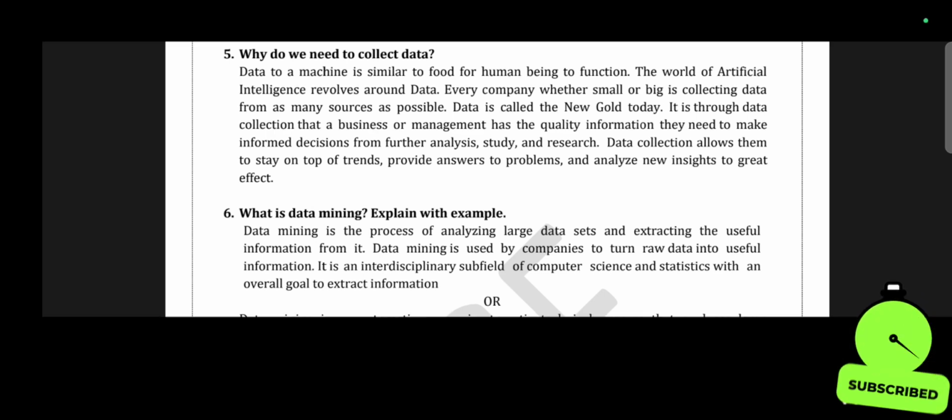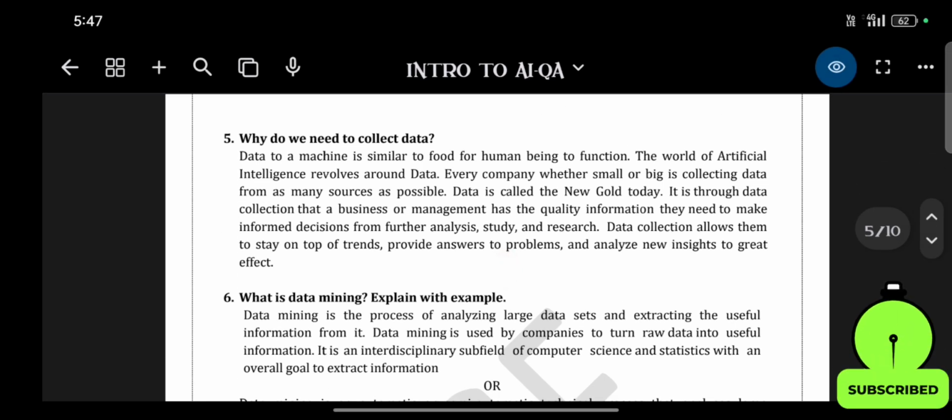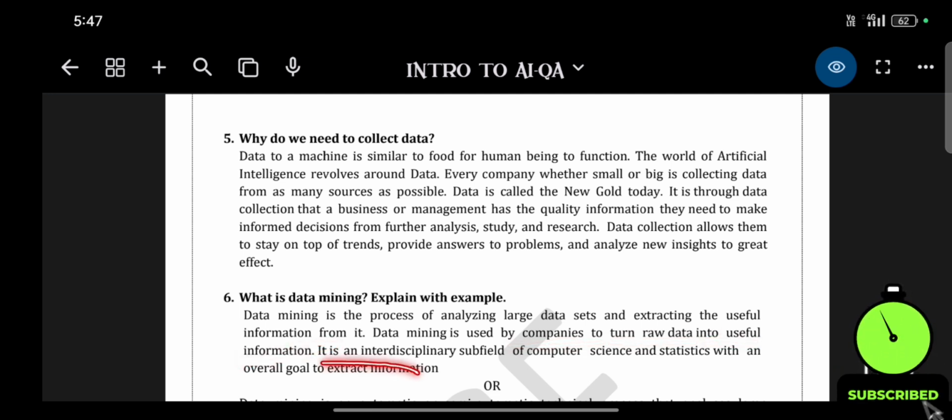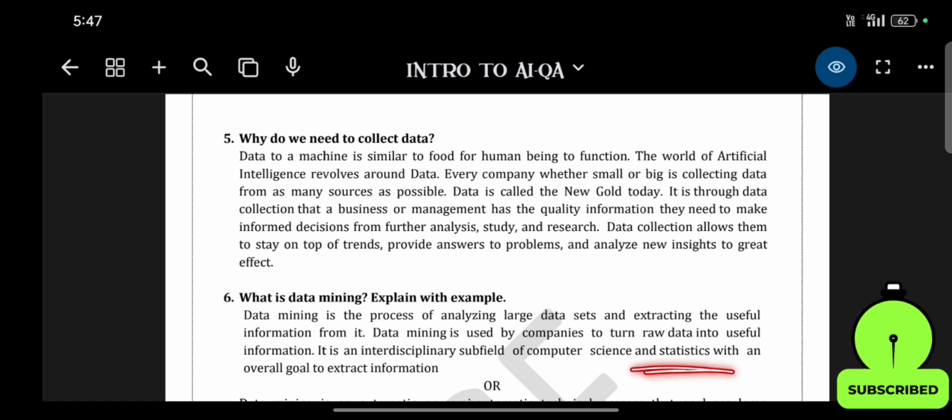Data mining is used by companies to turn raw data into useful information. It is an interdisciplinary subfield of computer science and statistics with an overall goal to extract information.